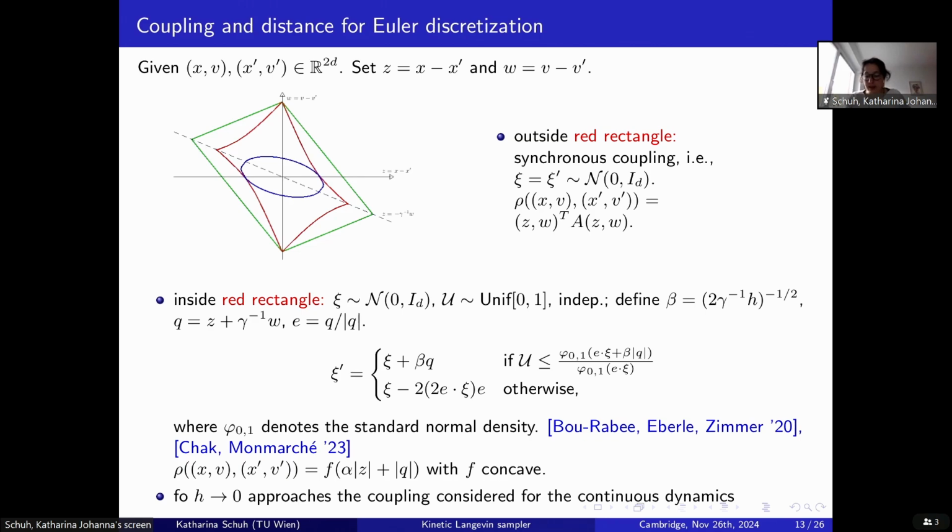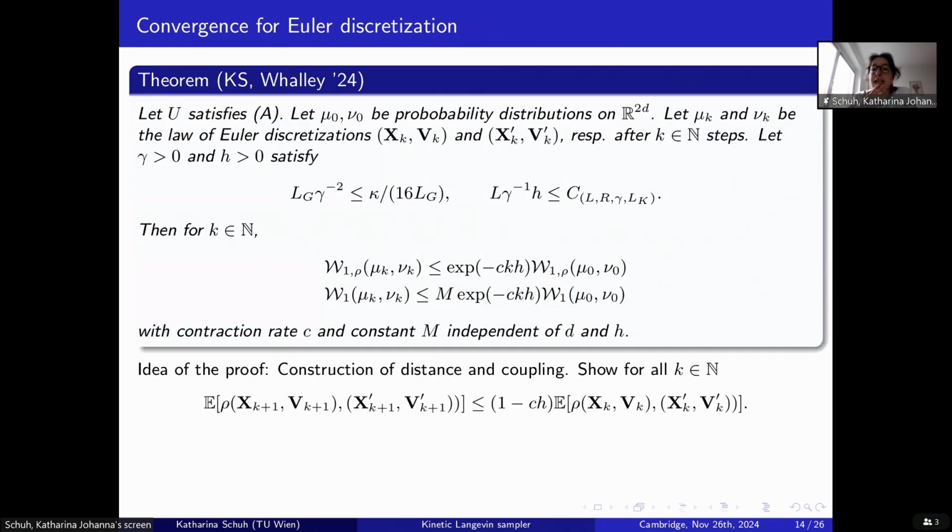Okay, with this coupling construction and distance construction, we can then also get a contraction result, namely under assumptions A, so that we again are in this strongly convex setting outside the Euclidean ball. Let now mu_0 and nu_0 be probability measures on R^d, and mu_k the law of the k-th step of our Euler discretization.